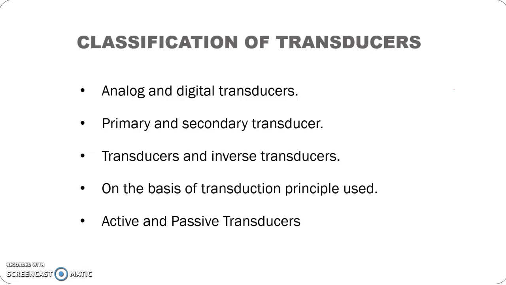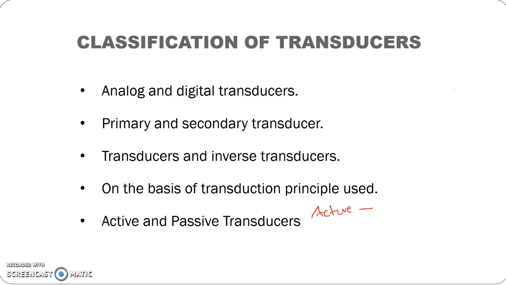The active transducers are the self-generating type. That means it is producing its own electrical energy, and that is used for getting the output. Examples are photovoltaic type of transducers, where it produces electricity from light.